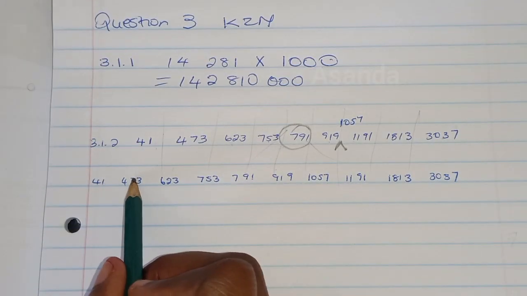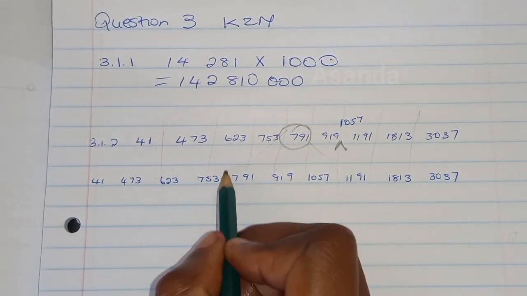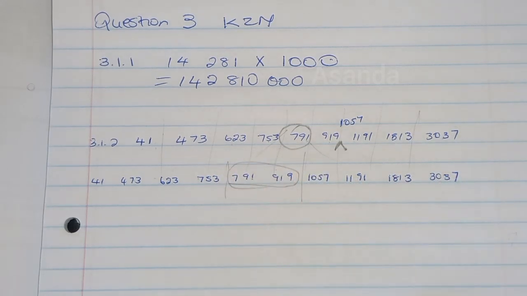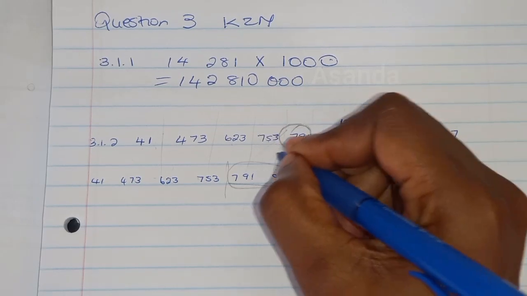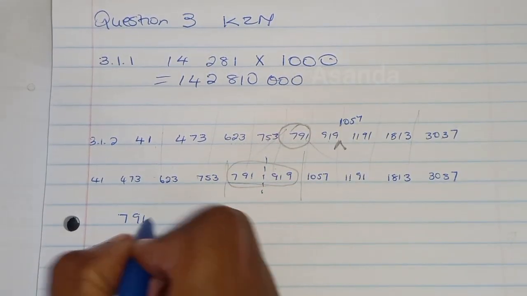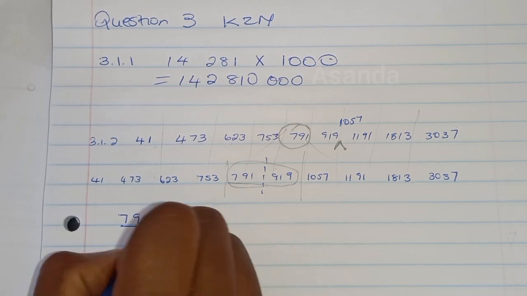So it'll be 1, 2, 3, 4. 1, 2, 3, 4. So the median is between these two here. So I'm going to say 791 plus 919 divided by 2.